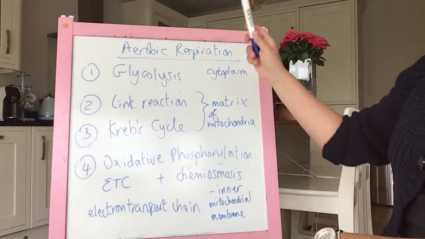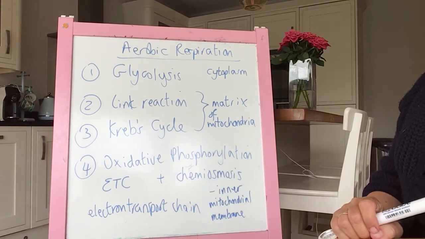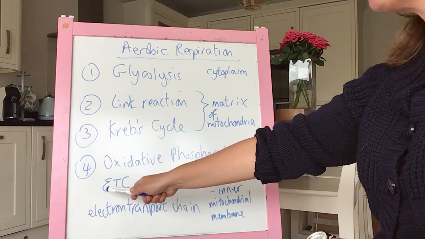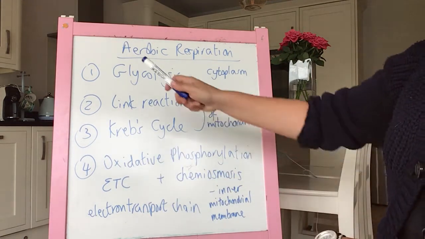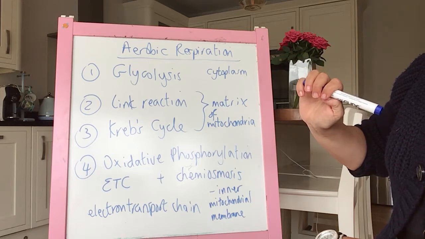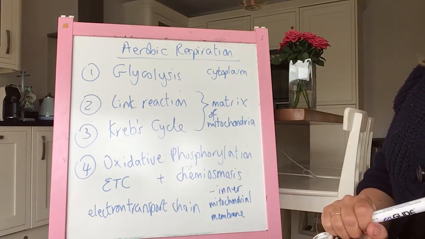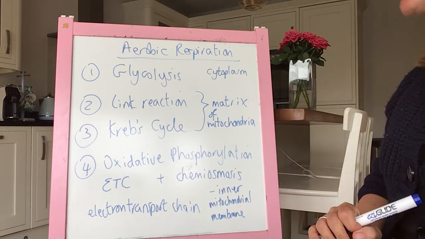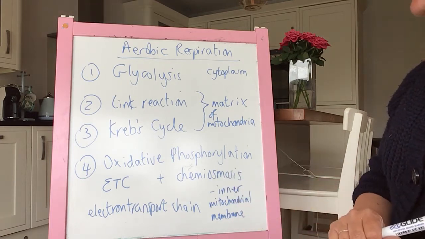So the 4 stages are glycolysis, link reaction, Krebs cycle, and oxidative phosphorylation. Oxidative phosphorylation is made up of the electron transport chain and chemiosmosis. Glycolysis happens in the cytoplasm. The link reaction and Krebs cycle happen in the matrix of the mitochondria. And finally, oxidative phosphorylation occurs on the cristae, which makes up the inner mitochondrial membrane.